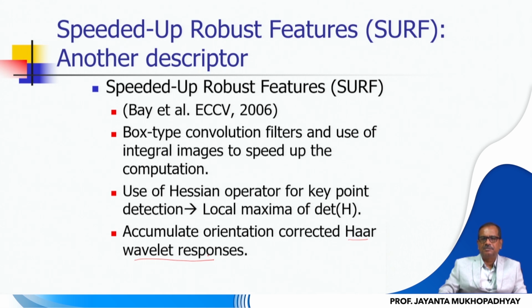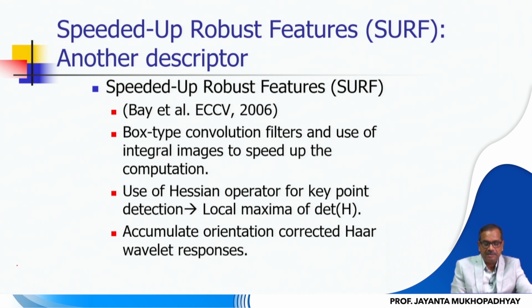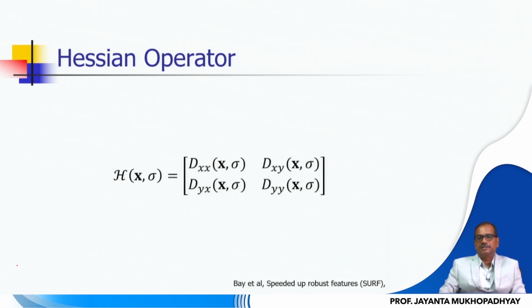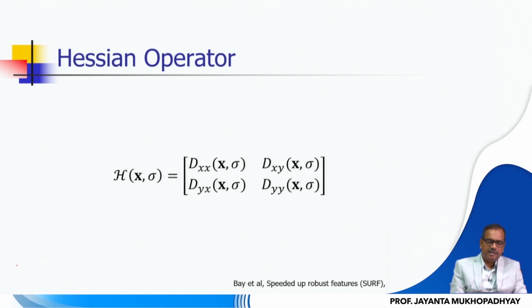In this way, it also reduces the number of directions and the number of computations. So these are a few things this SURF operator does. Let me simply illustrate them. So this is a Hessian operator. You can see that it is the same Laplacian operator, but Laplacian with a scale.